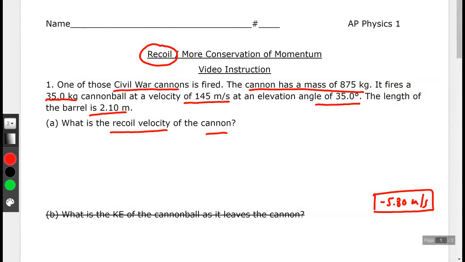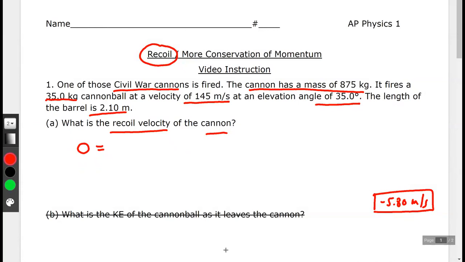But what we know is that in any interaction, the total momentum before equals the total momentum after. Since the cannon is at rest and the cannonball is at rest, the total momentum before is zero.